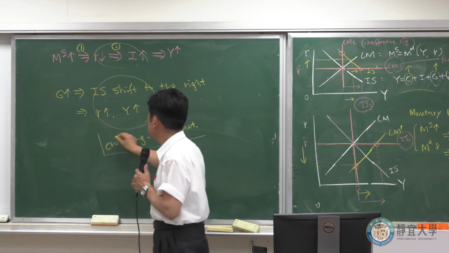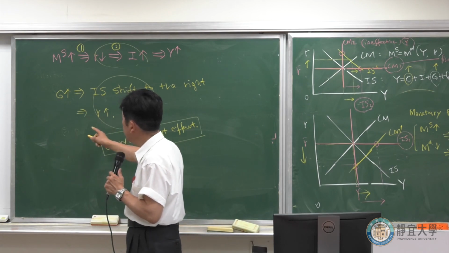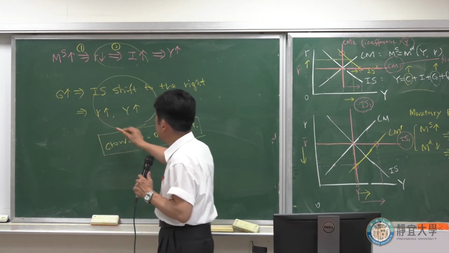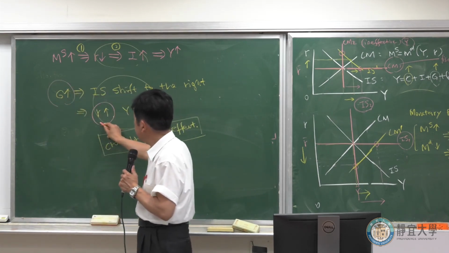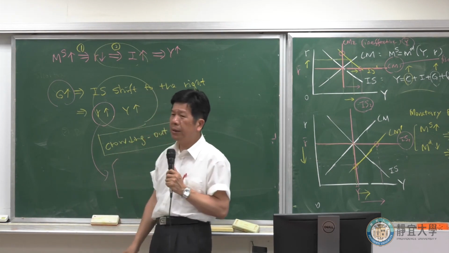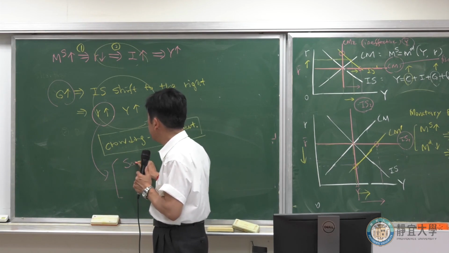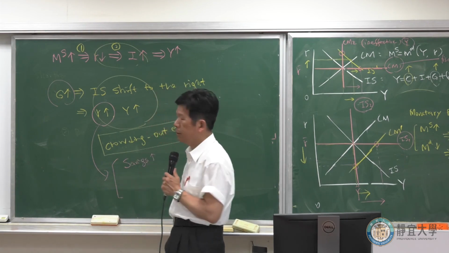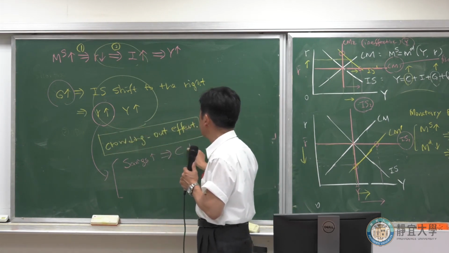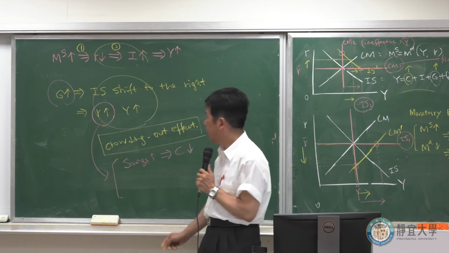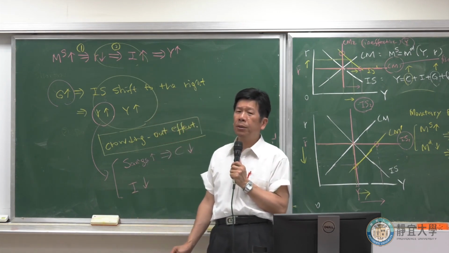It means if the government spending increases, the interest rate increases as well. So here the savings increase as well, because the interest rate increases. But after that, they will make the consumption decrease. And in the other way, the interest rate increases, so the investment also decreases.